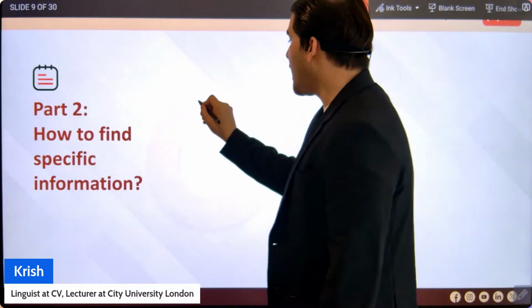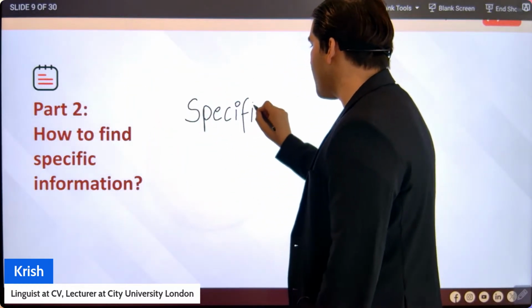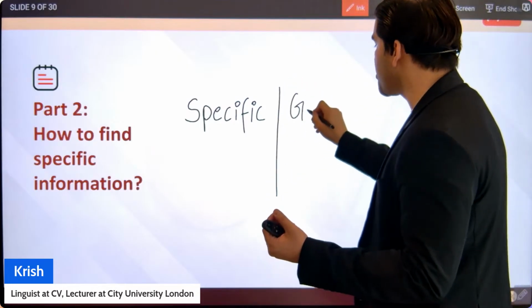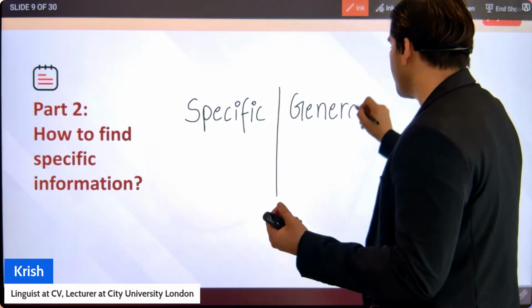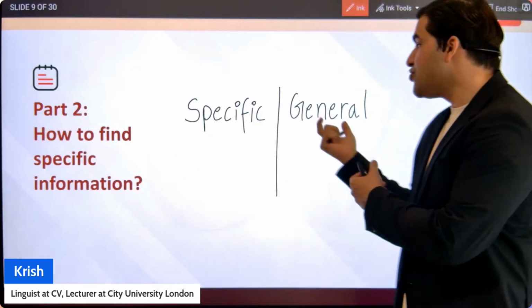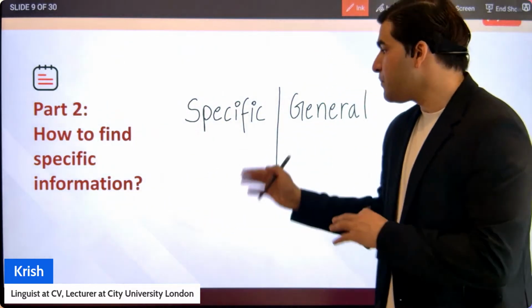Number 1, either it is specific in nature or it is general in nature. Either you find specific information or you find a general piece of information, general idea. We also call it general idea.